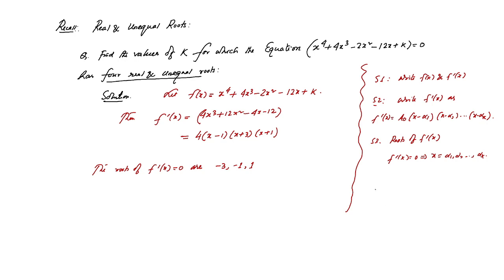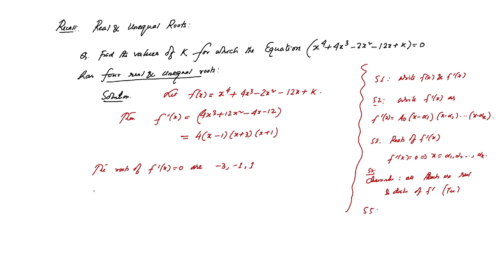Now you need to make an observation. Step 4: are all roots of f dash x real and distinct? If yes, then we will continue to step 5.